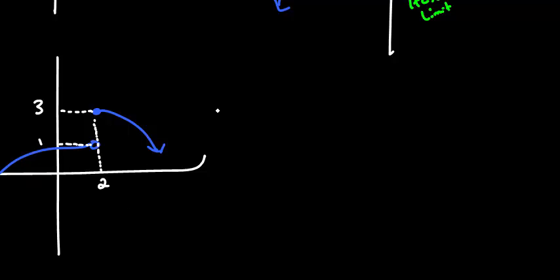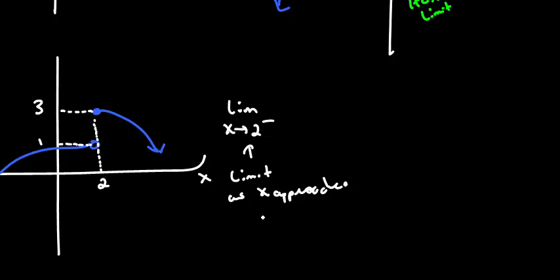Then what we say is the limit as x, because this is our x-axis, as x approaches 2 from the left side. Let me write that down for you. This is the limit as x approaches 2 from the left of our function f of x.